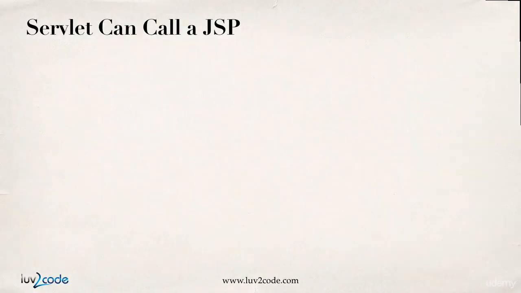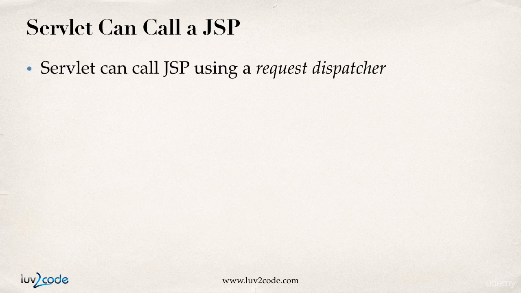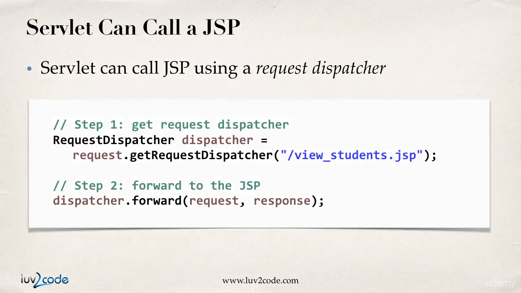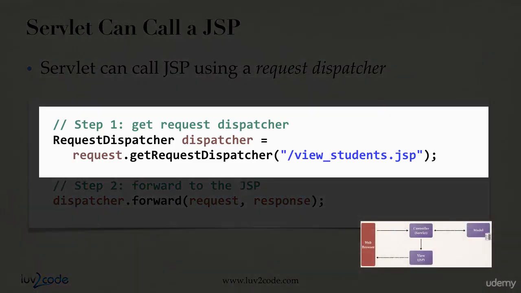All right, so the big question is, well, how can the servlet call the JSP, or how can the servlet send data to the JSP? Well, the servlet's going to make use of something called a request dispatcher. So here's the actual code for using a request dispatcher. In step one, we get the request dispatcher. So we make use of request.getRequestDispatcher, and we give the reference to the actual page we want to reference.